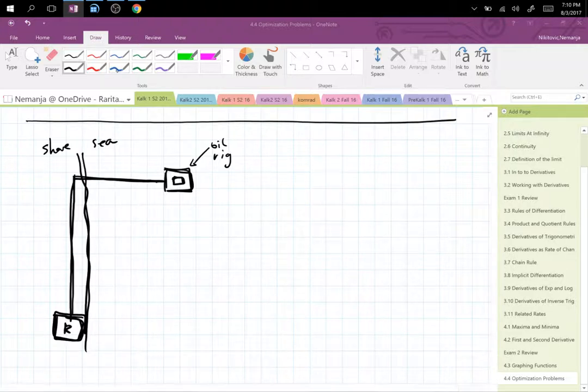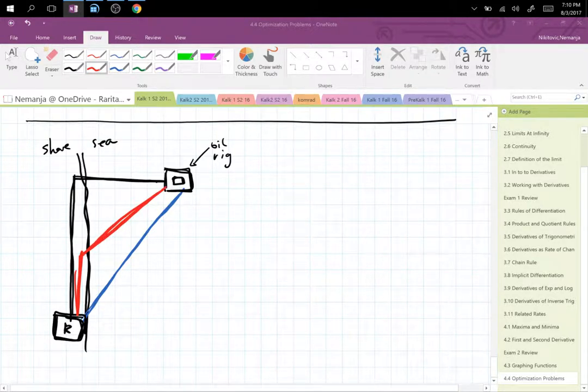You can also have a path that is a direct pipeline. It's all underwater because it's the shortest distance, but it's the most expensive pipeline, right? Or you can have number 3, go for some time on ground and go through the water.